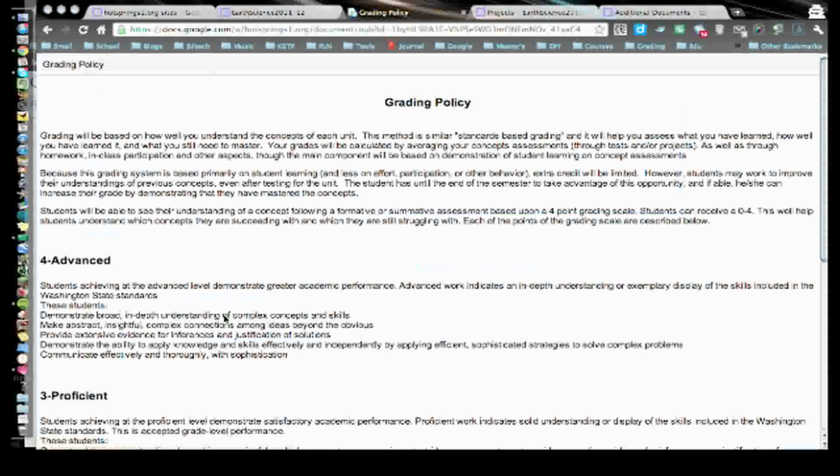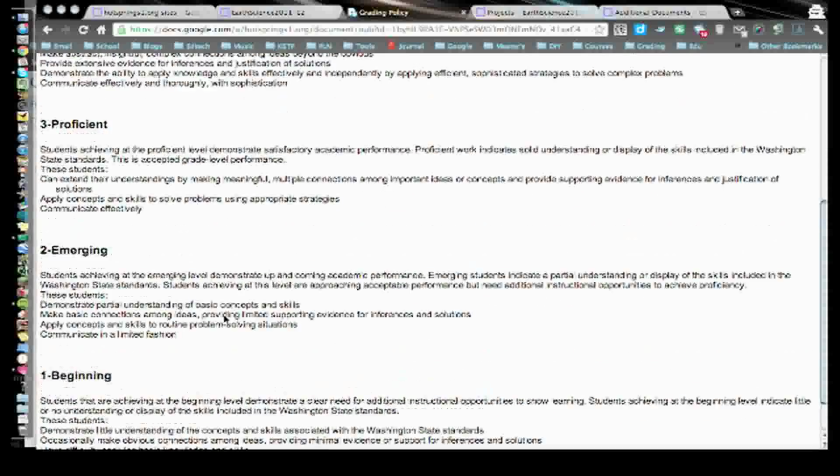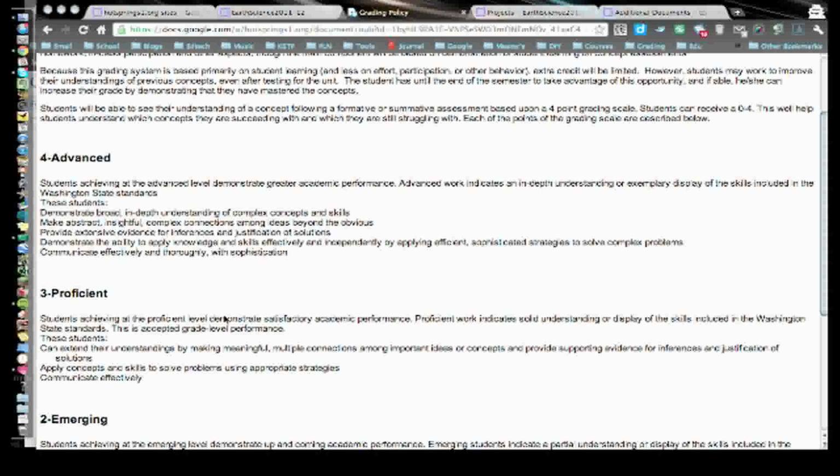This year I have adopted a 4-point grading scale of 4, 3, 2, 1, and 0. So on my grade book, if you check it on PowerSchool, you will see a number of my assignments are out of 4 points, and that is a way for parents as well as students to get an idea of where they are in their understanding of those topics. Typically how I will do this is on a test or a quiz.